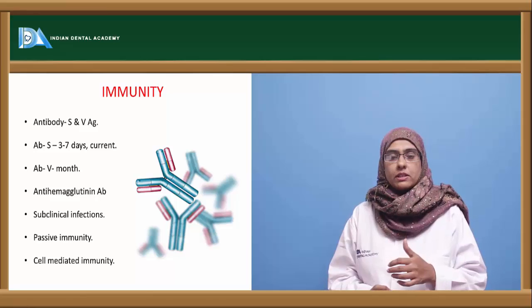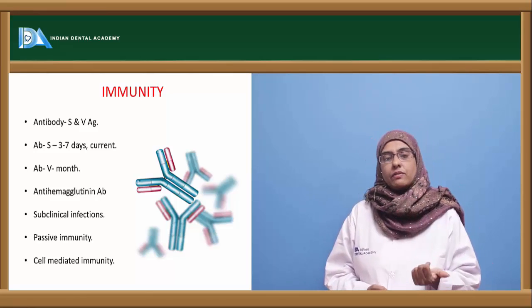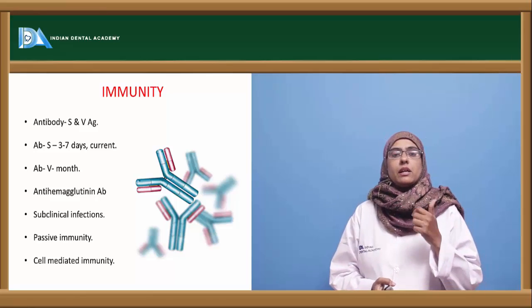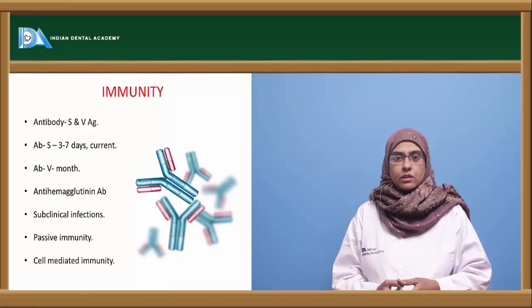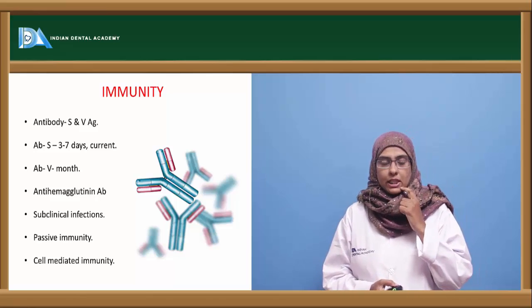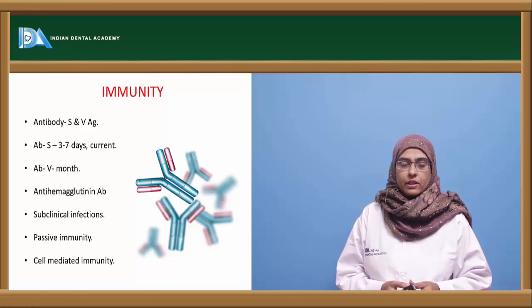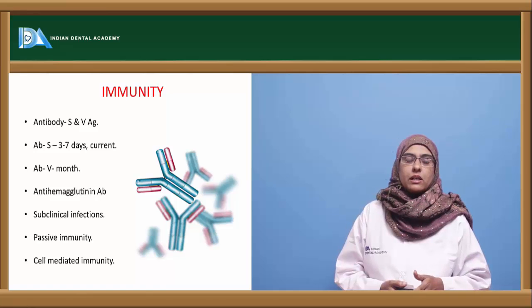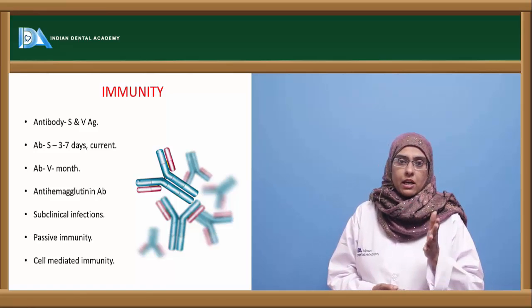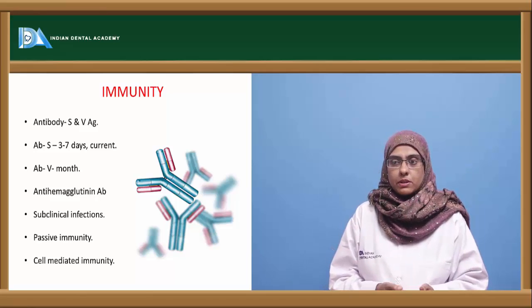So they do not give us a protective role throughout life. It is the antibodies against the V antigen, produced after 1 month, that help protect the person from further infections. Apart from that, anti-hemagglutinin antibodies also give resistance towards this infection. The antibodies against the subclinical infection, that is the hemagglutinin inhibition antibodies, are the ones that can also confer immunity to the person.